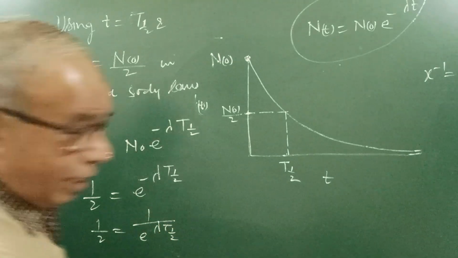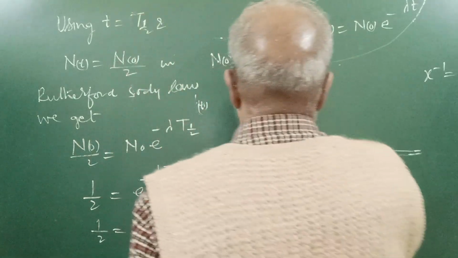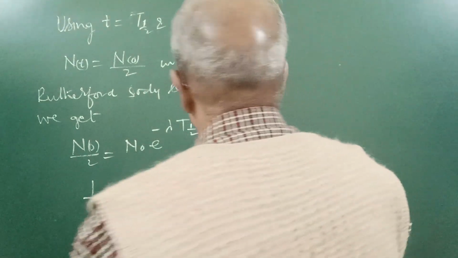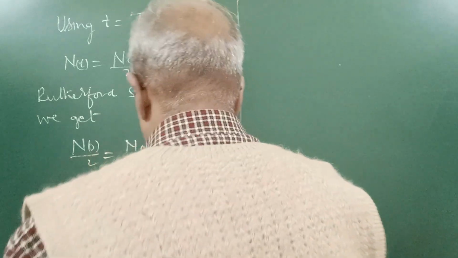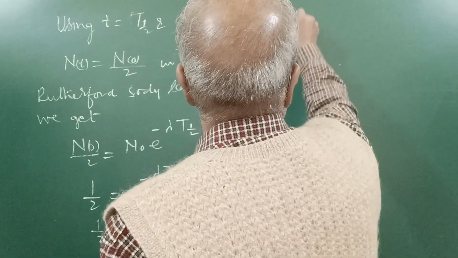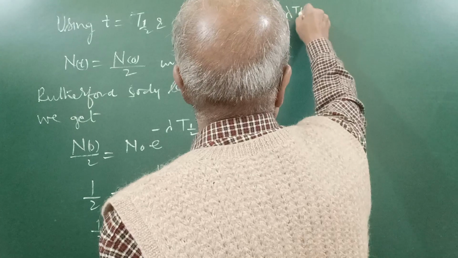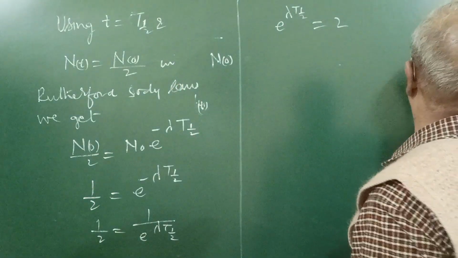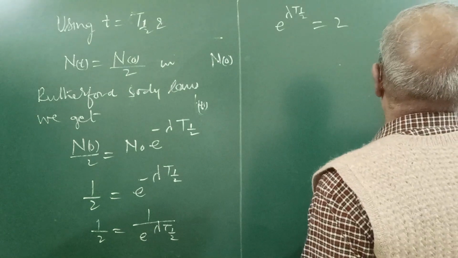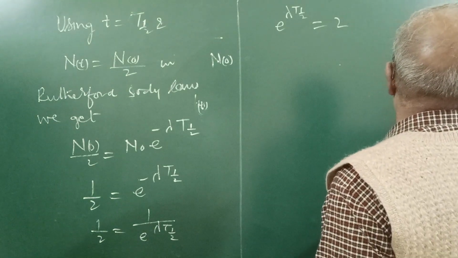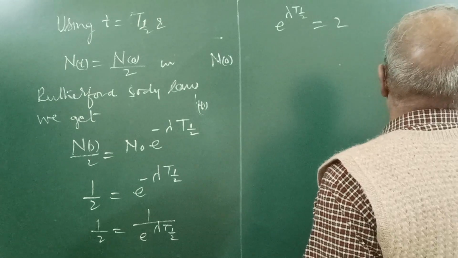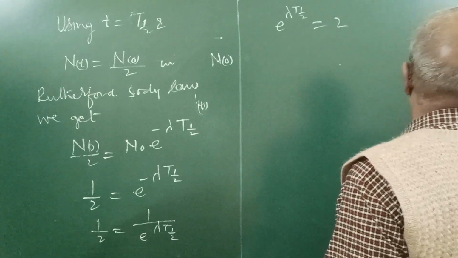Or you can say e to the power lambda t half is equal to 2. Now using the reference log, a to the power b equal to c, so log of c on base a equal to b.